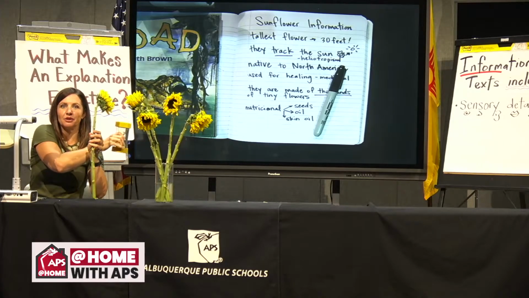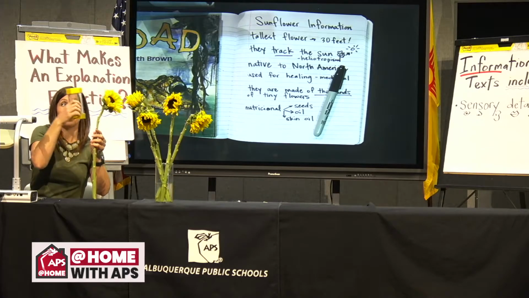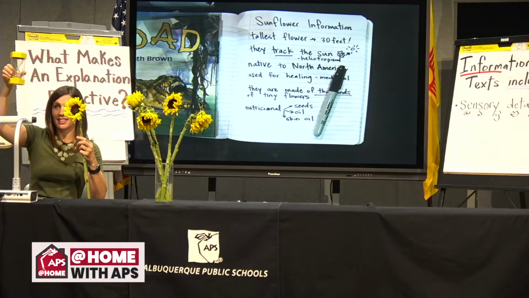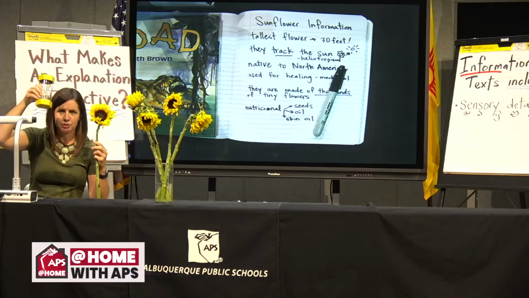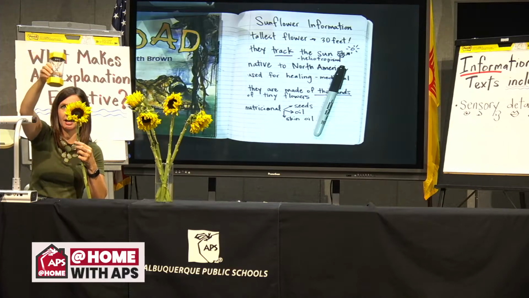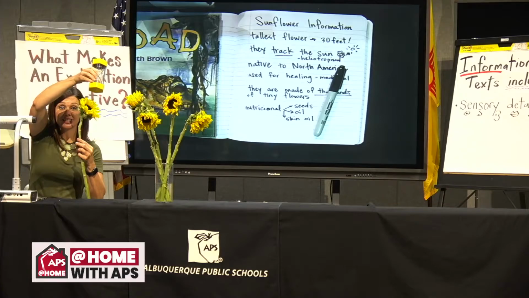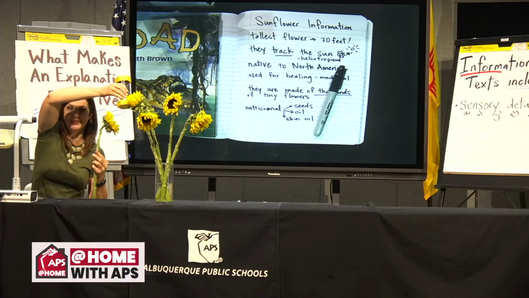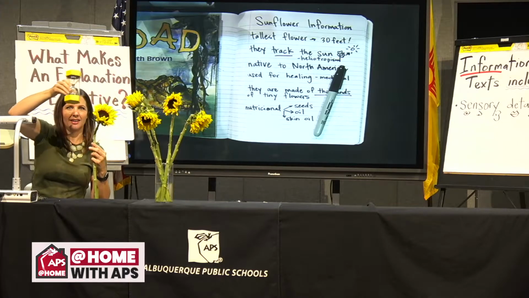And the sunflower follows it. The face of the sunflower follows the sun. Look at how my pretend sun is moving. And the face of the sunflower tracks it or follows it. Wow.